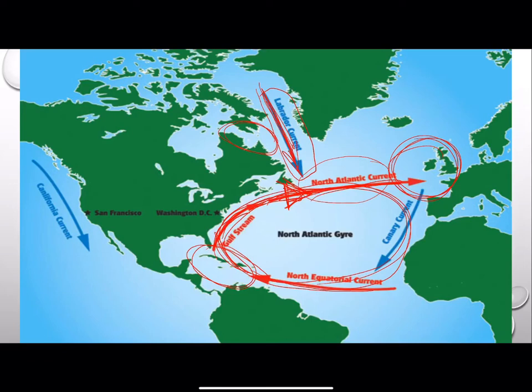And then it comes down the Canary Current. You have the Canary Islands down here, and so those waters come back down. You have the North Equatorial Current that pushes them this way, and then we continue on with the cycle once again.